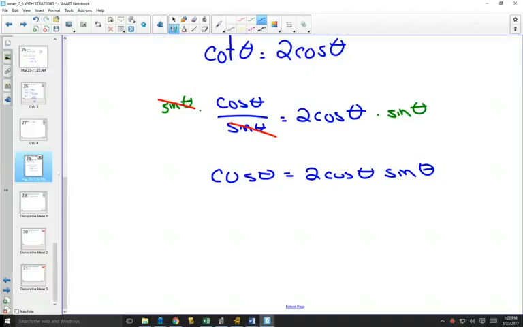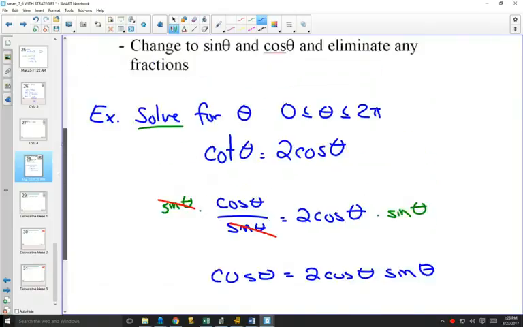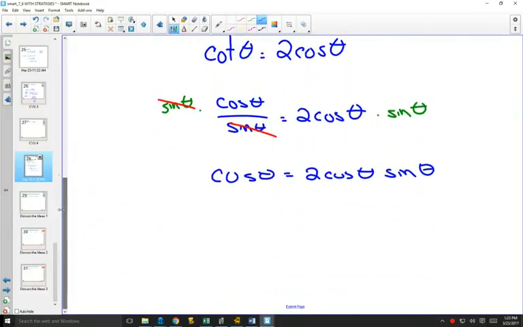Now, there's 2 ways of approaching this at the next step. It is going to be very tempting, but it will lose you a mark every single time, to divide both sides by cos. Can you see if you divide by cos, you get it to one thing. Only sine will be left. And that's a very tempting thing because that's one of our strategies. The reason that's going to be bad is I want you to look at that equation and say, if cos is equal to 0, is the left side equal to the right side?